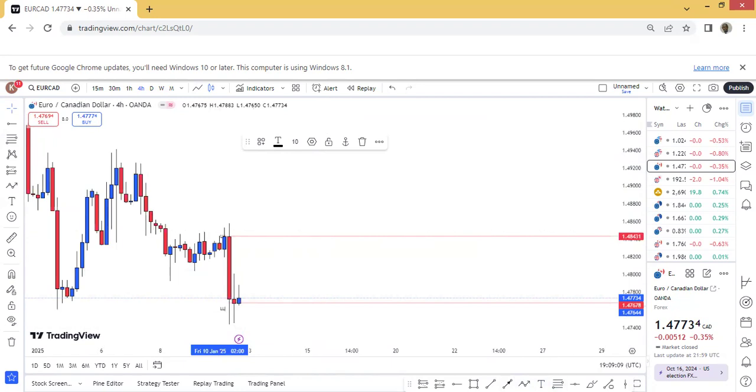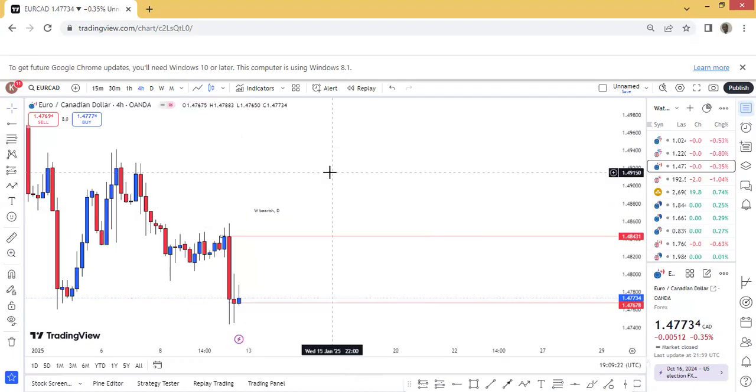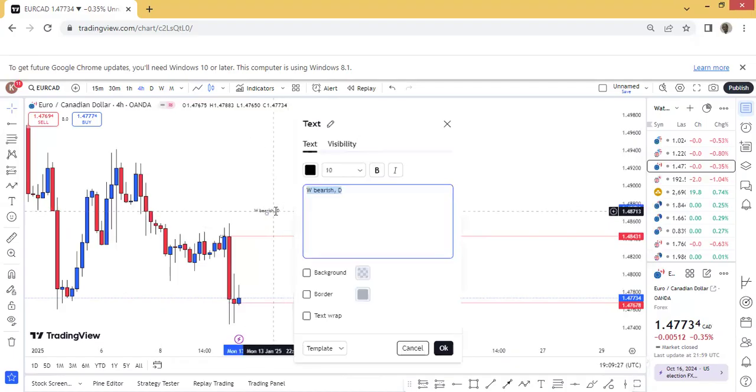So let's do our labeling, our summary. Weekly, bearish. Daily, bearish, and 4 hours is also bearish.